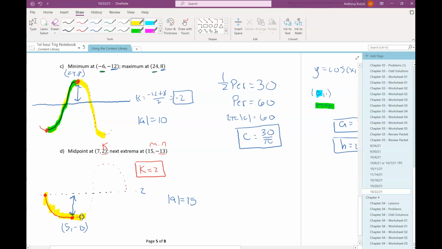Okay. The next thing we'll do is come up with our period. So this is one full period that we drew in. And this is the part that we know about. How much of a period does that look like to you? Okay. So that's midline to extrema, right?